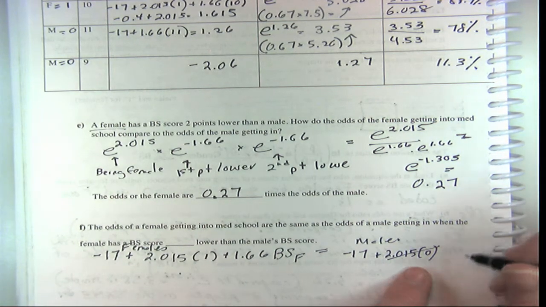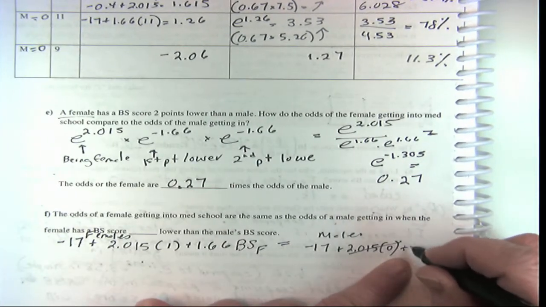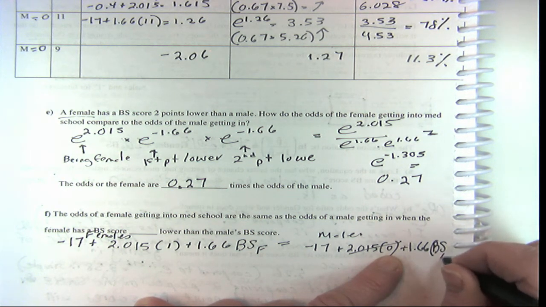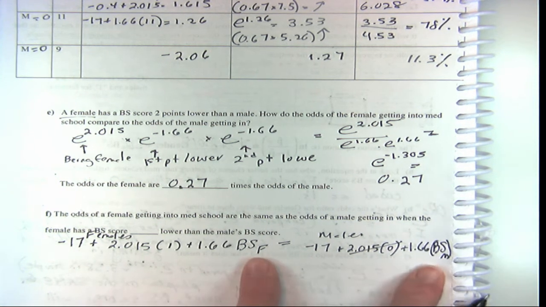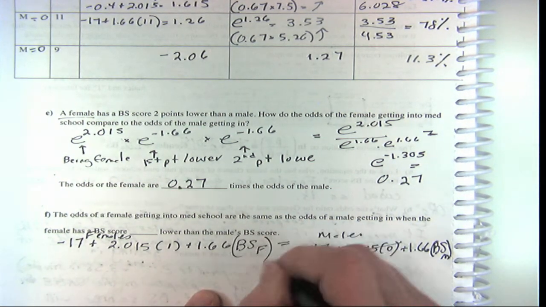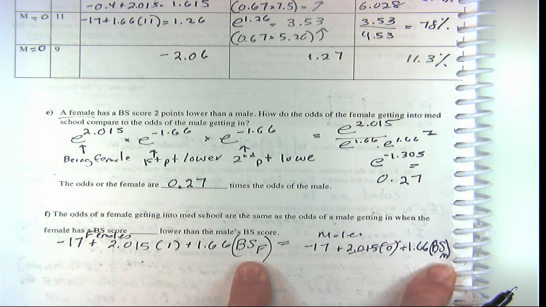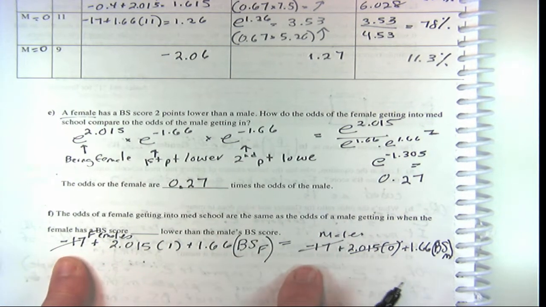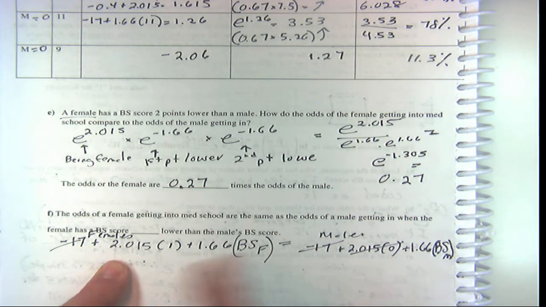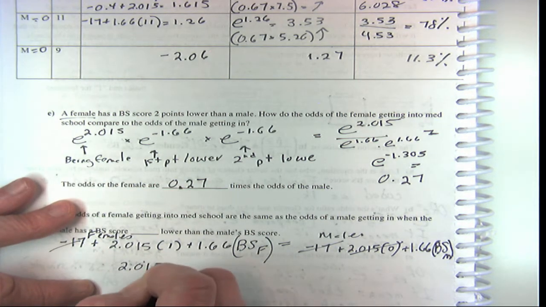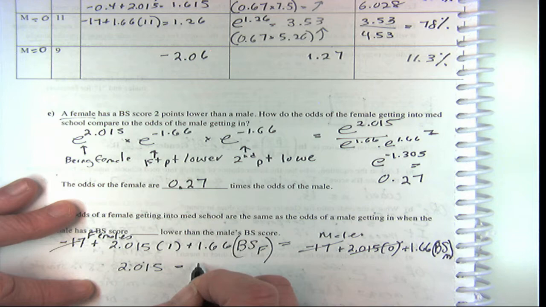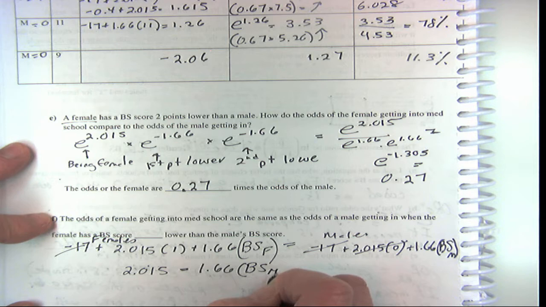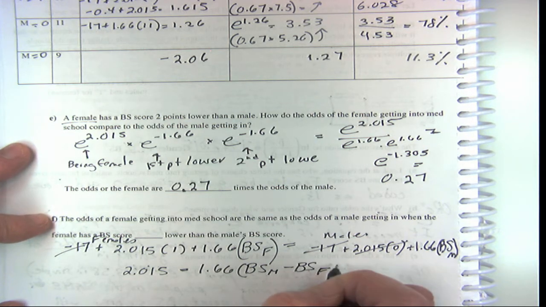Okay, so here we're going to say plus. We want to know what scores. What scores? So biological science for the male. We want to know how they're going to compare. That's 0. So now negative 17, we can add 17 to both sides and simplify, and we get what? 2.015 equals, bring that over to the other side, 1.66 times the biological science males minus the biological science females.